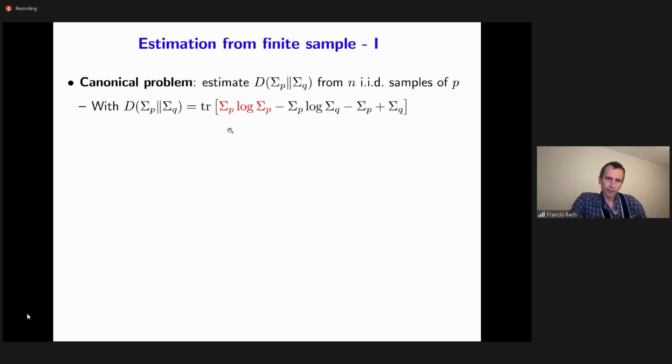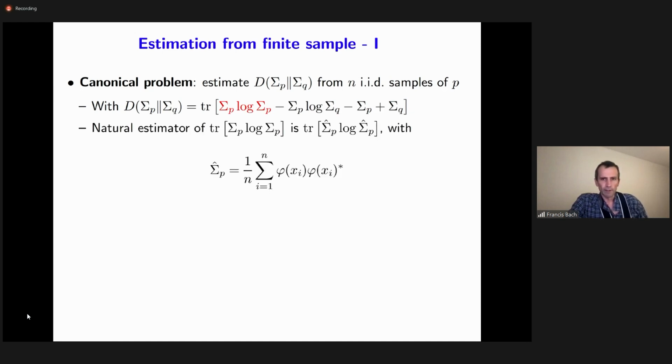I will only focus on the difficult part, the trace of sigma p log of sigma p, because it's already interesting. So now we're going to be very non-creative here. We're simply going to replace sigma p by the natural estimator of sigma p, which is sigma p hat, the empirical covariance matrix.